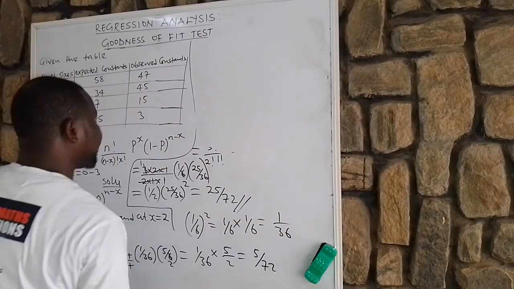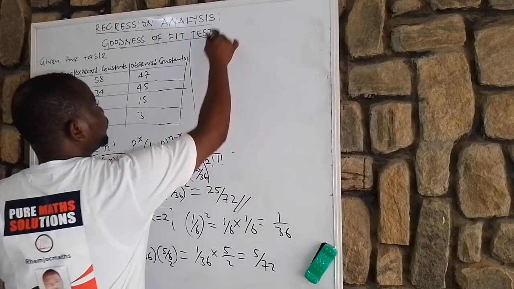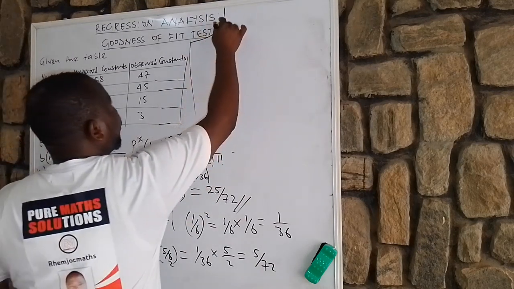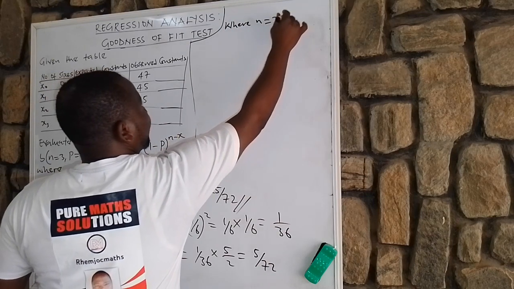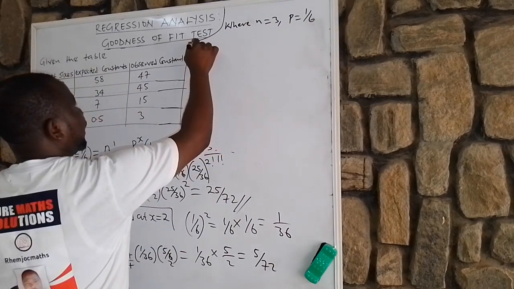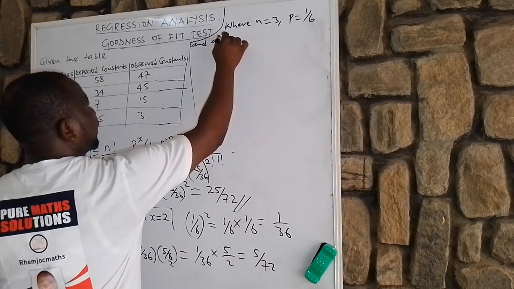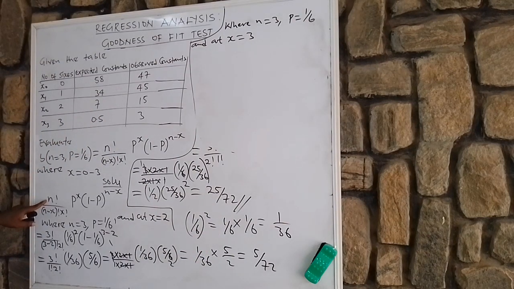If x equals to 3, it means n equals to 3, p equals to 1 all over 6, and x will now be equal to 3. So this is the formula.